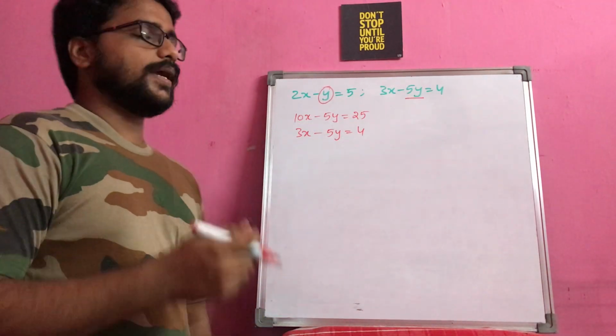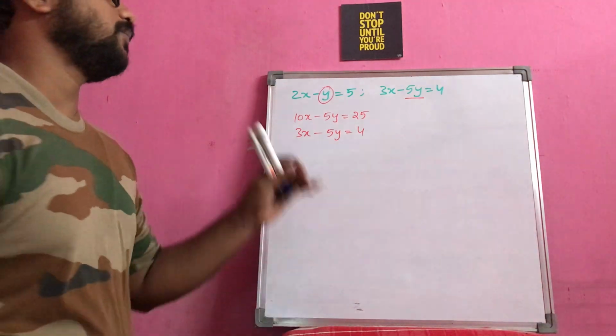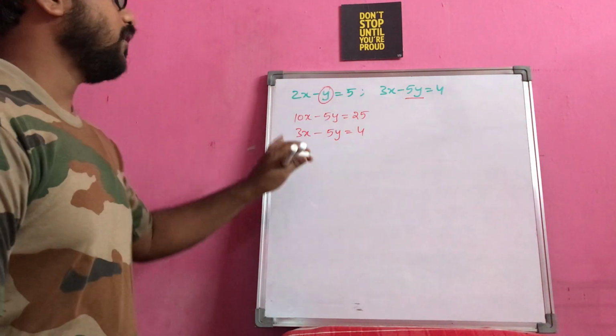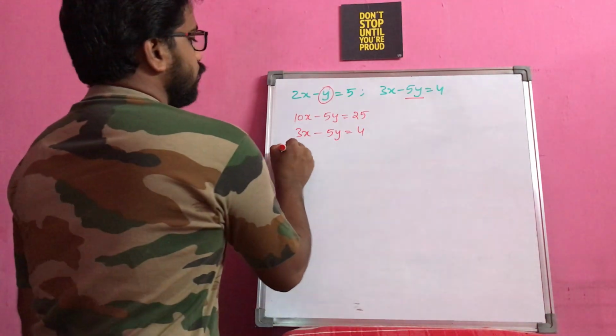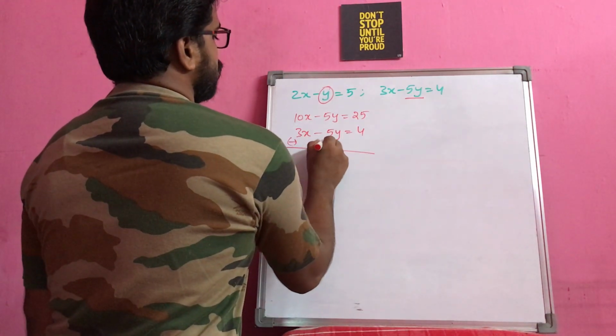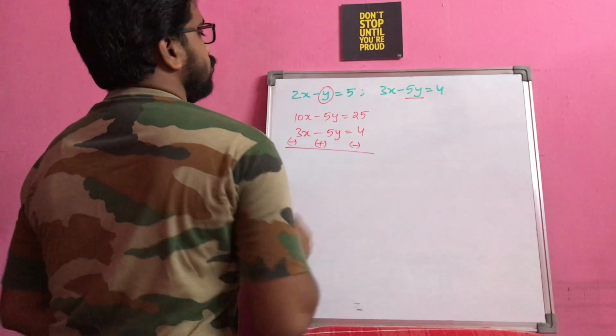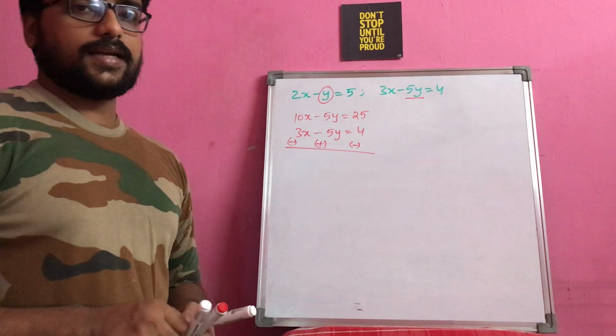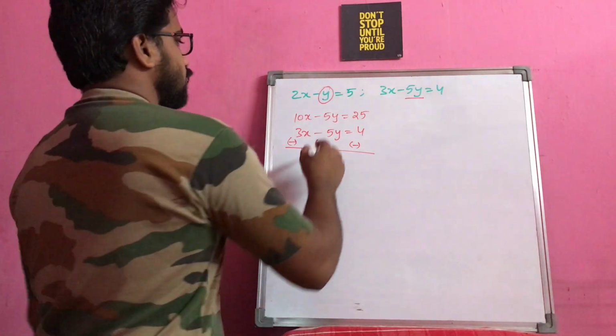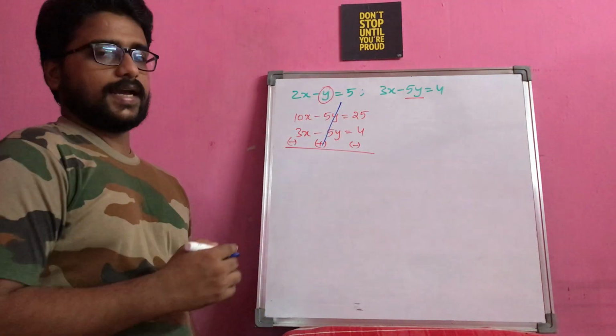So I just want to make it equal by multiplying with 5. So now 10x minus 5y is equal to 25. Now what will I do? I will do the subtraction, because if I have to eliminate the y term, then I have to do the subtraction. If I do the subtraction, 5y and minus 5y will get cancelled.